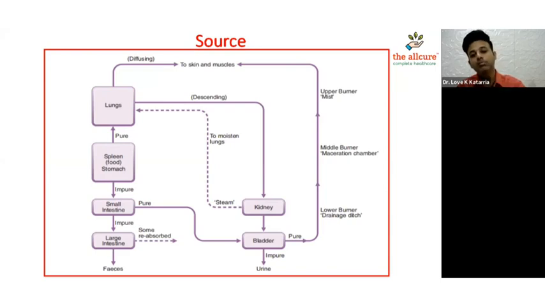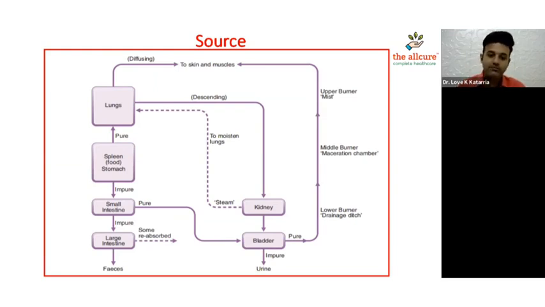Again, the pure part from the kidneys goes like a stream towards the lungs. Why does it send it there? Because lungs have the dryness energy. So lungs like to be dry, but they should not be too dry.